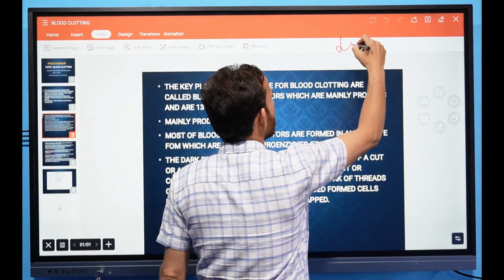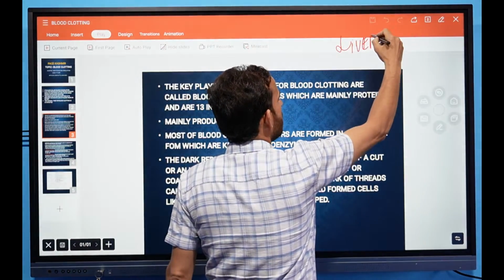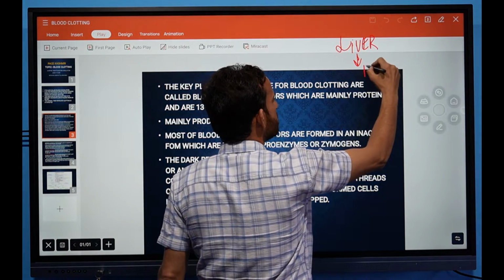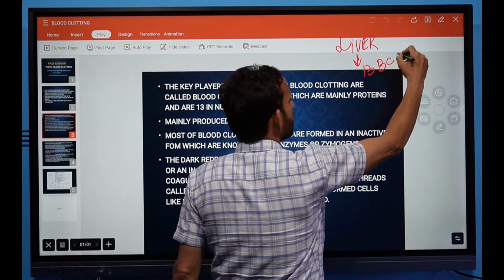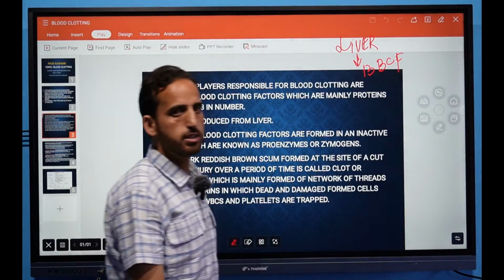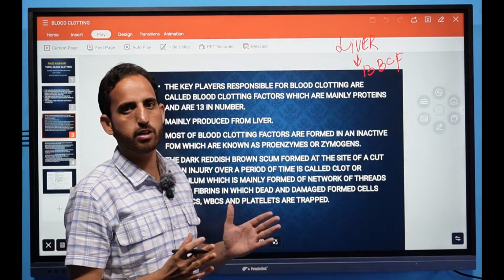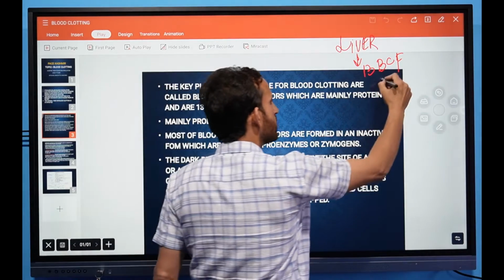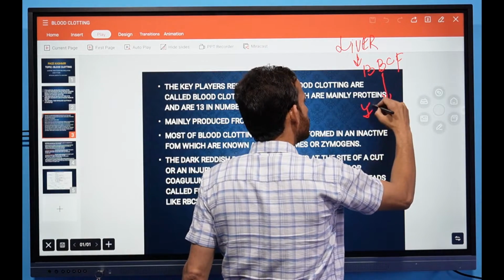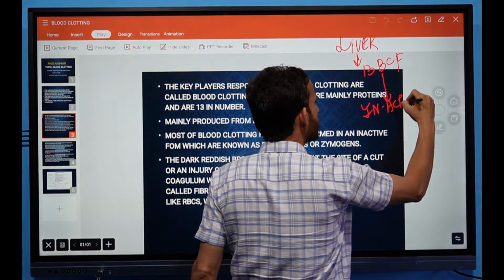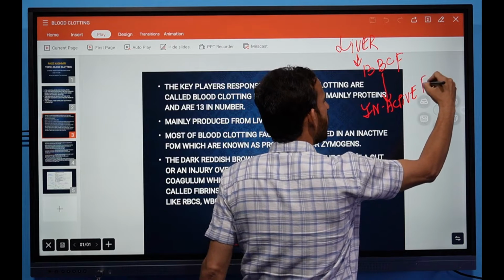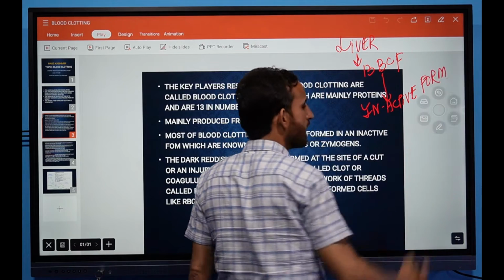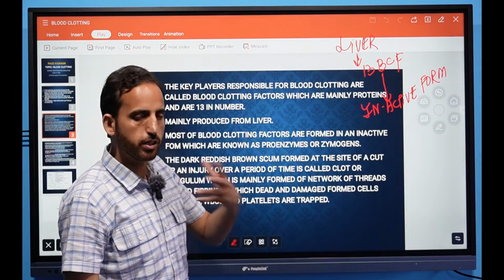For example, the liver has produced these 13 blood clotting factors, but they are not produced in an active form. Rather, they are produced in an inactive form, and later on they get activated.